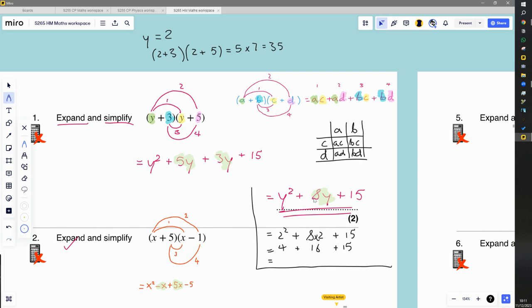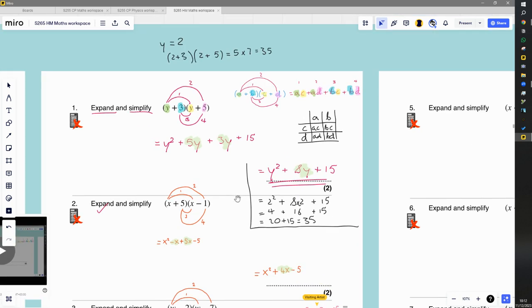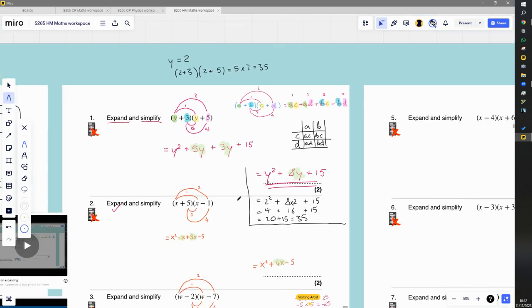Okay, so it's looking good actually, because 4 plus 16 is 20. And then we're going to add 15. And 20 plus 15 is 35. So we see that this version of the equation is just the same as this up here, at least for when y is 2. So it could have been a coincidence that I just happened to pick a number that works, but you'll just have to trust me that it'll work for all numbers.